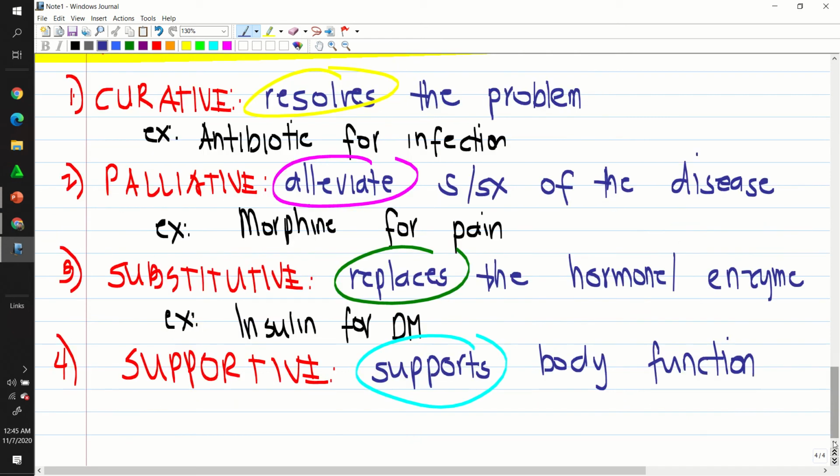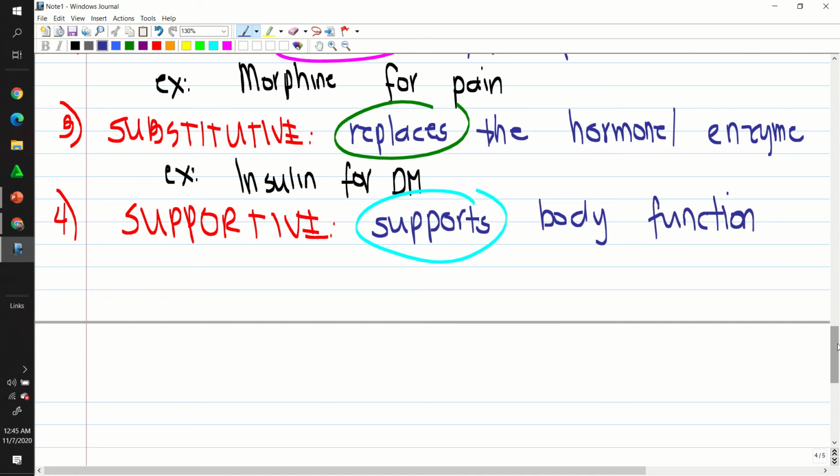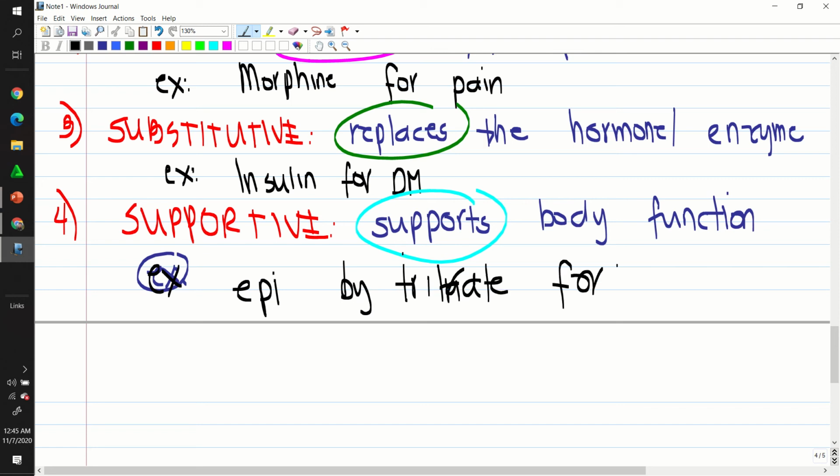What is a good example of a supportive therapeutic action of a drug? A good example, class, is epinephrine by titrate for low BP. That is a supportive therapeutic action of a drug. It supports the body until the body compensates or until the treatment can take over.